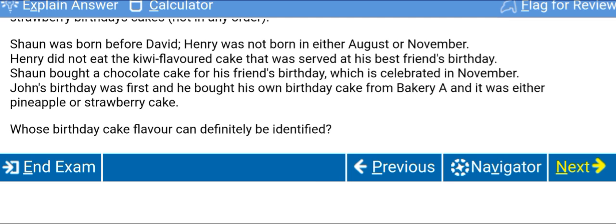Sean bought a chocolate cake for his friend's birthday, which is celebrated in November. John's birthday was first and he bought his own birthday cake from Bakery A, and it was either pineapple or strawberry cake.